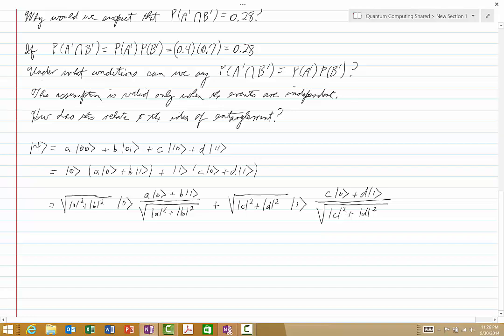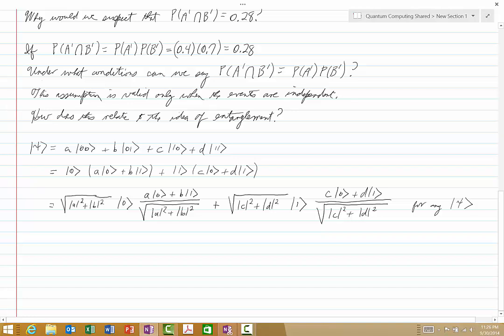Now, again, this expression here is good for any C. But what allows us to say that this is unentangled?